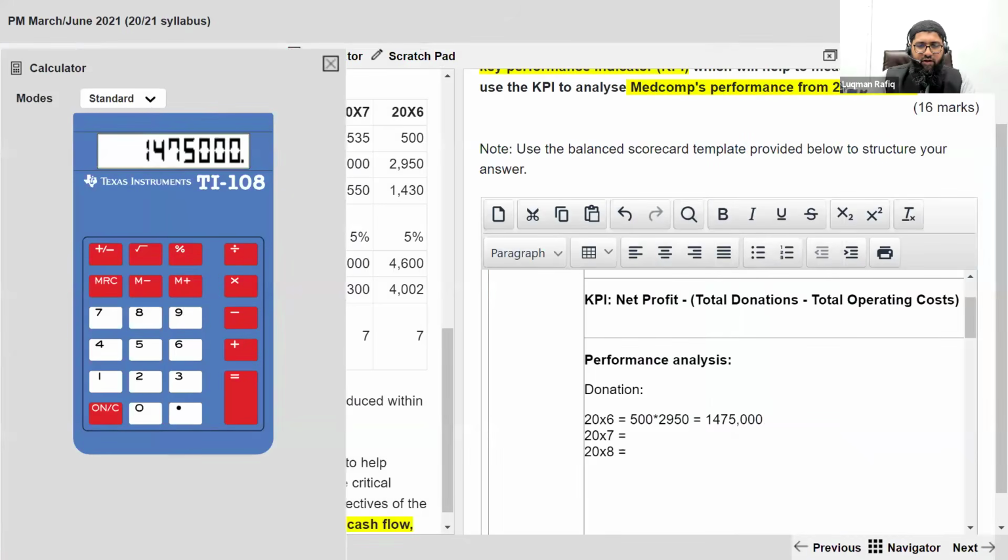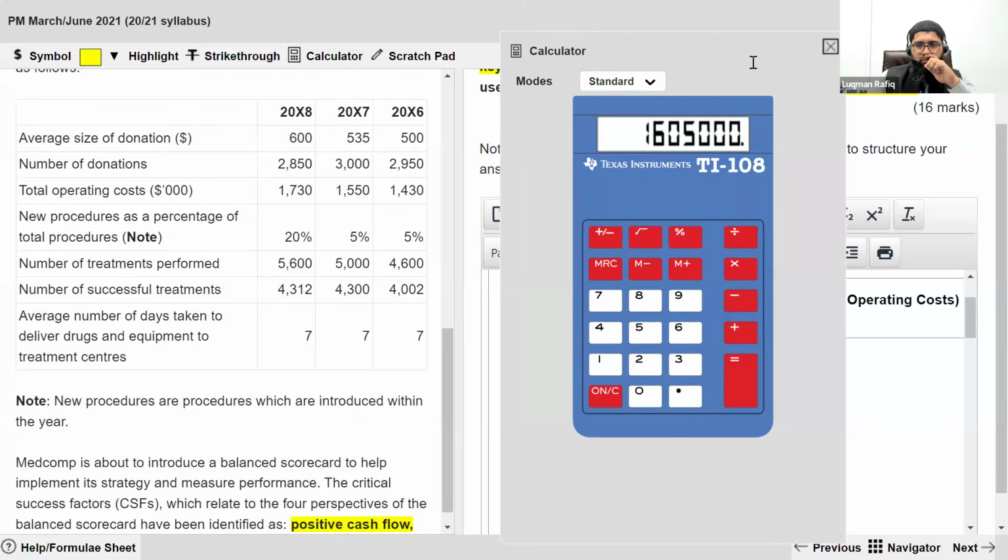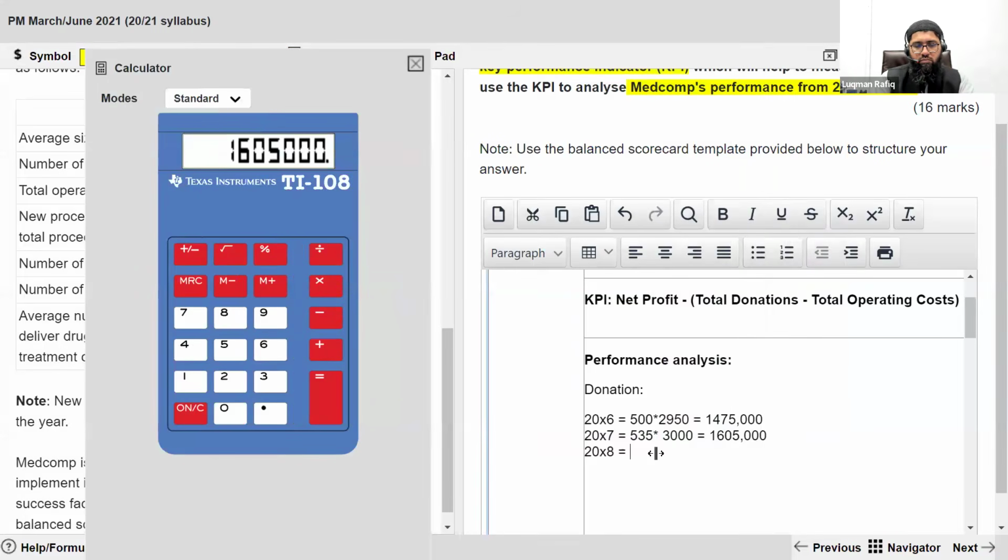Then you have 535 and 3000, which is 1,605,000. And then 600 into 2850 is 1,710,000.